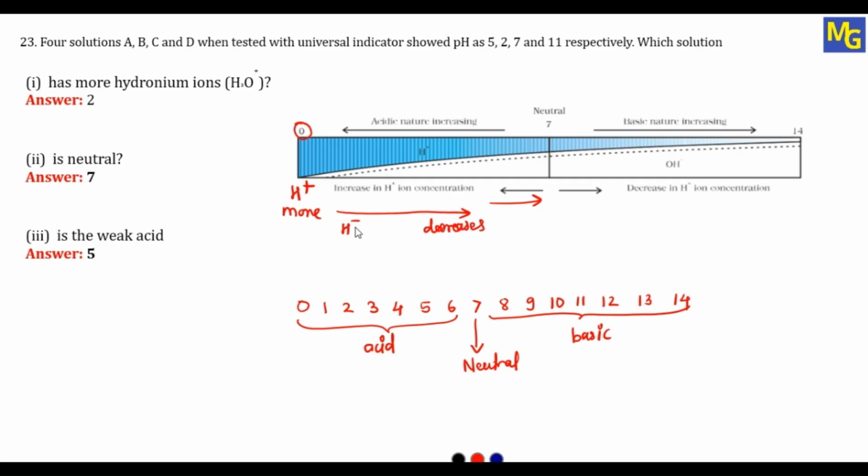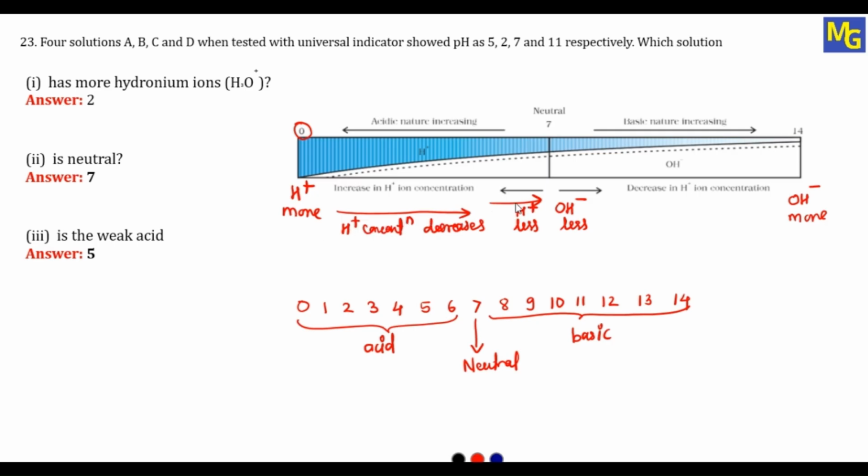From 7 to 14, H plus will decrease and OH minus will increase. So I'll write here, OH minus will be more, and here OH minus will be less, and here H plus will be less. This you should remember. If it is 0 pH, H plus concentration will be high. As you go forward 1, 2, 3, 4, 5, 6, H plus will be less because OH minus is increasing.